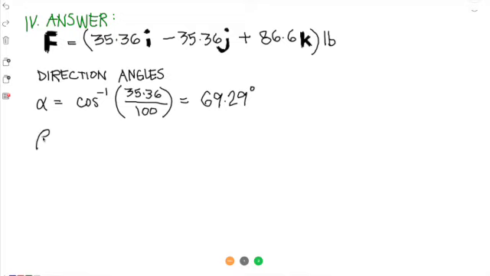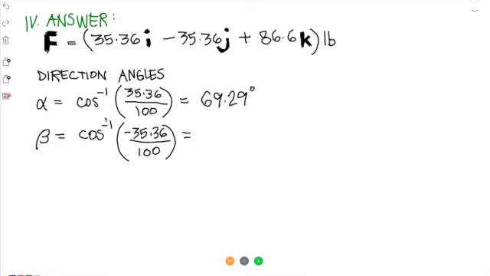So for beta angle, we have our arc cosine of, here, please don't forget your sign. Okay, this will just be the same with this, but it's not, because it's going the negative direction.